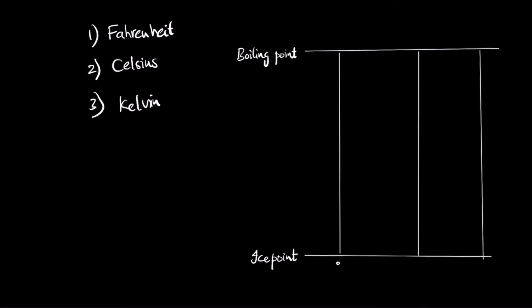On the Celsius scale, the ice point is 0 and the boiling point is 100. So this is 0 degrees Celsius and this is 100 degrees Celsius for the boiling point. On the Fahrenheit scale, the ice point comes at 32 Fahrenheit and the boiling point comes at 212 Fahrenheit.